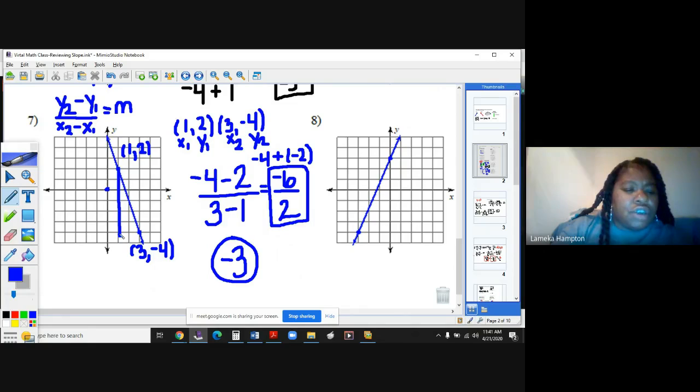And then I'm going to go over 2 to my right, because 2 is positive. Excuse me, I went down 6 because 6 is negative. And after that, I'm going to go to my right 2 places because 2 is positive.